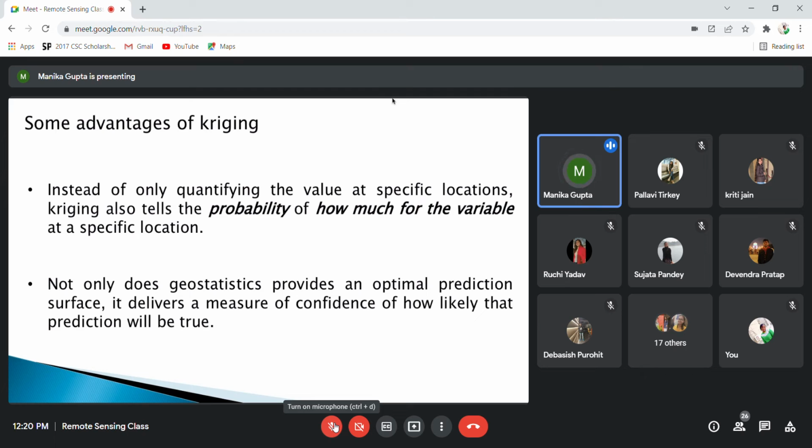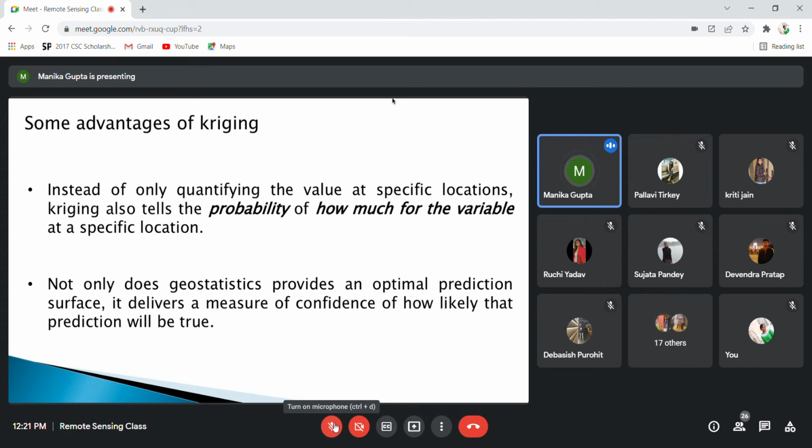That is what I've already said, that we are not only quantifying the value, we are also telling the probability, how much rainfall probability there is, whether it is a 25% chance or a 50% chance or a 90% chance. So basically it is giving you the confidence in the data generated. With IDW or the Thiessen polygon, whatever you get, you say, okay, this is the value, but you don't deliver a measure of confidence along with it.